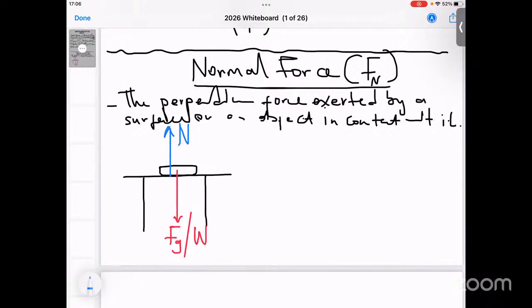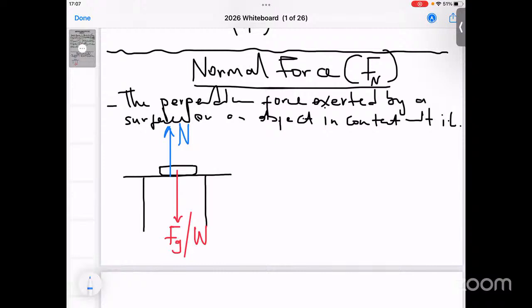I hope this part makes sense, honorable members. So that's why I'm saying the normal force is actually the perpendicular force exerted by a surface.